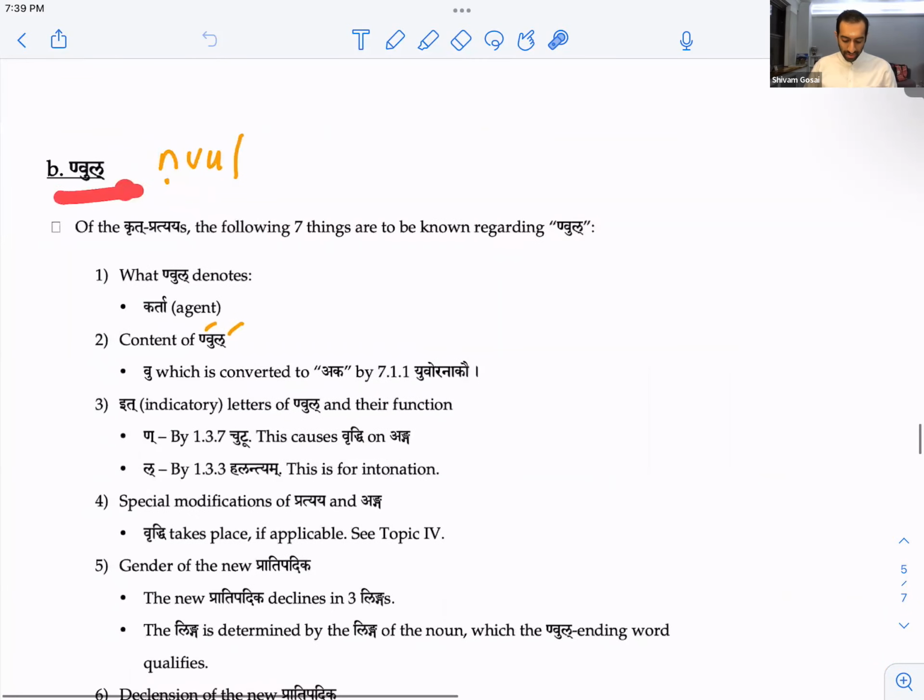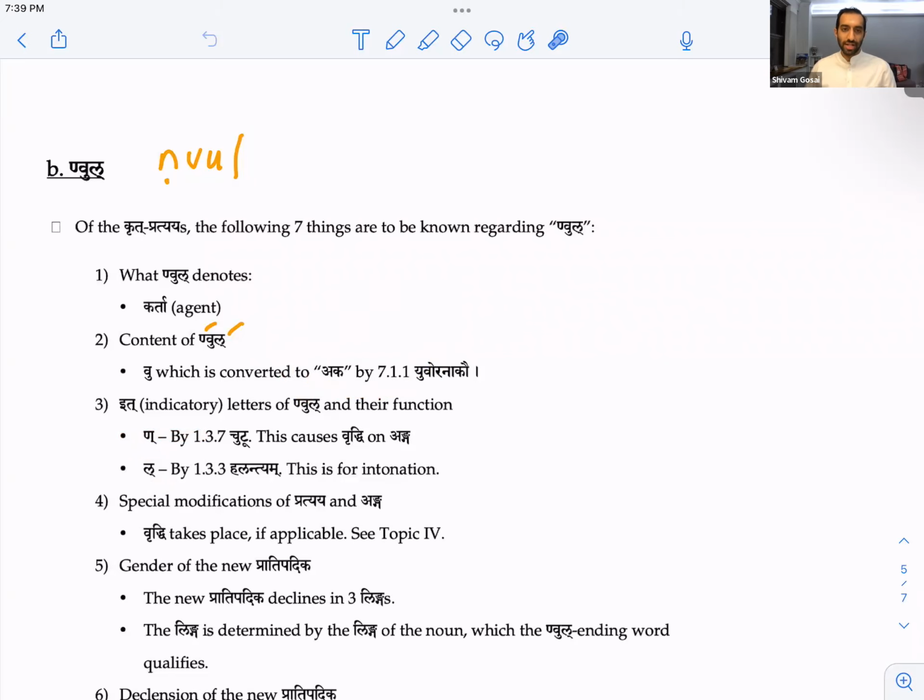nvul is a Kartari Kṛdanta, meaning it denotes the karta, the doer, the agent of action, right? Na and la are the it letters, but the whole thing becomes akka.